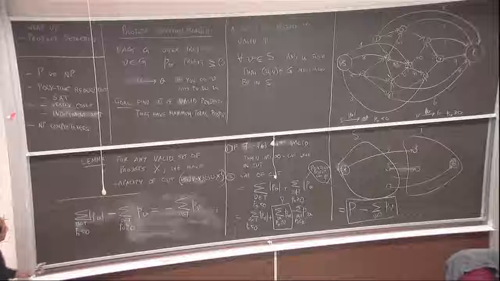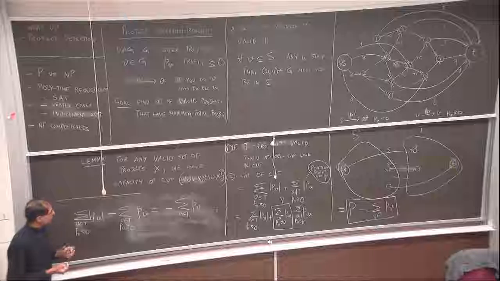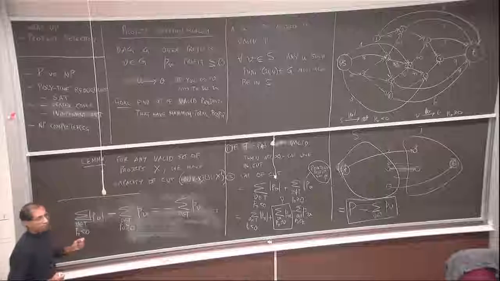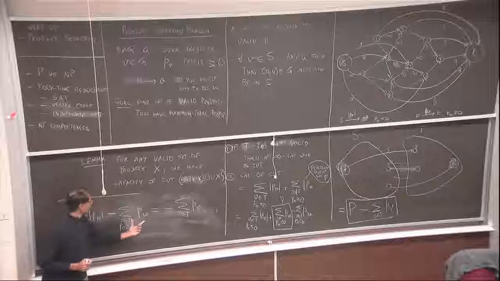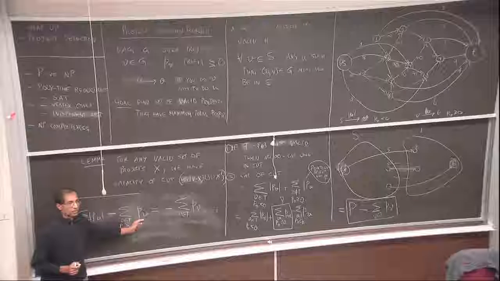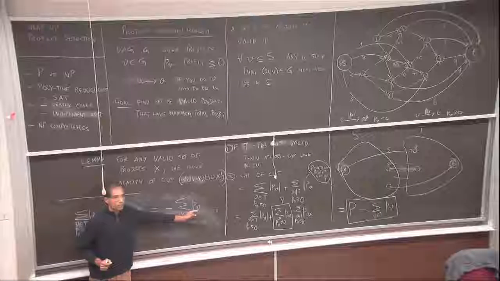Okay, so maybe the easiest way to think about this is, look at anything that has positive profit. What are we doing here? We are putting minus of that. What are we doing here? We are putting minus of that.